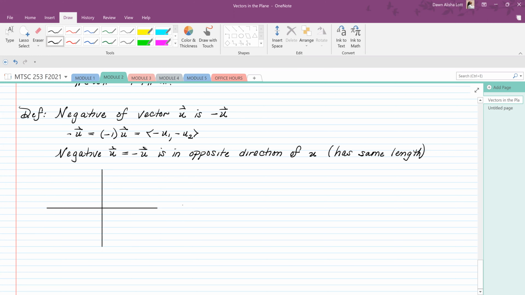So here we have U. Then I have the vector C times U, which is just going to make it stretch. And then I have the vector negative U. Same length, opposite direction.